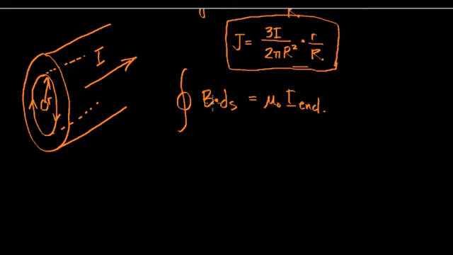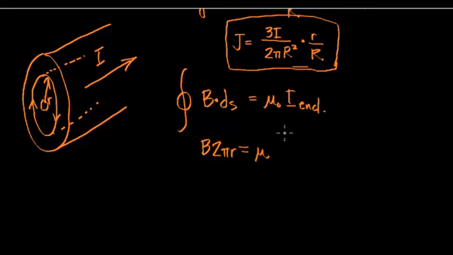We know that B dot ds, which is B times the cosine of the angle between them, will always be 0 for the angle, so we get a cosine of 0, which equals 1. And so this just becomes B times ds. But ds is really just the sum of all the little slices all the way around the circle. So that's 2 pi r.